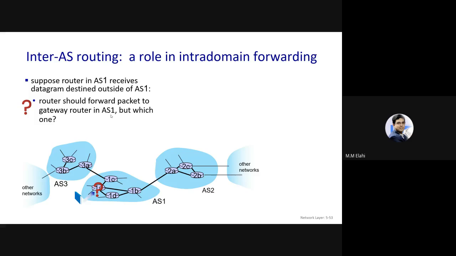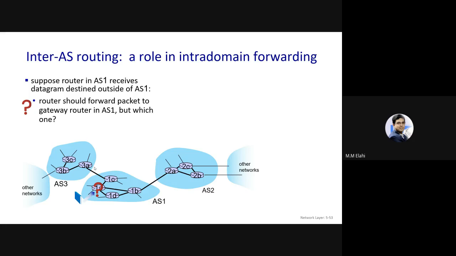But there are routers that are internal. You can see 1D and 1A: these 2 are internal routers. But you can see 1C is connected to another autonomous system, and 1B too. That means these are gateway routers. What is a gateway? That takes data from one system to another system.